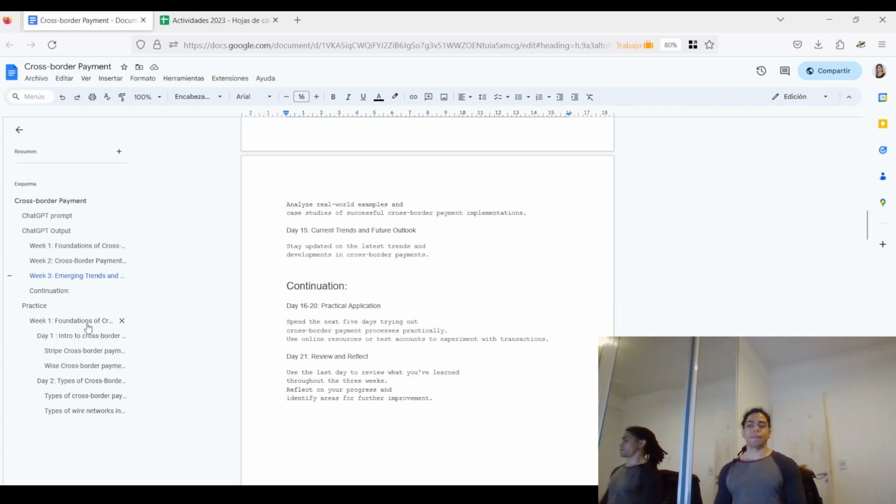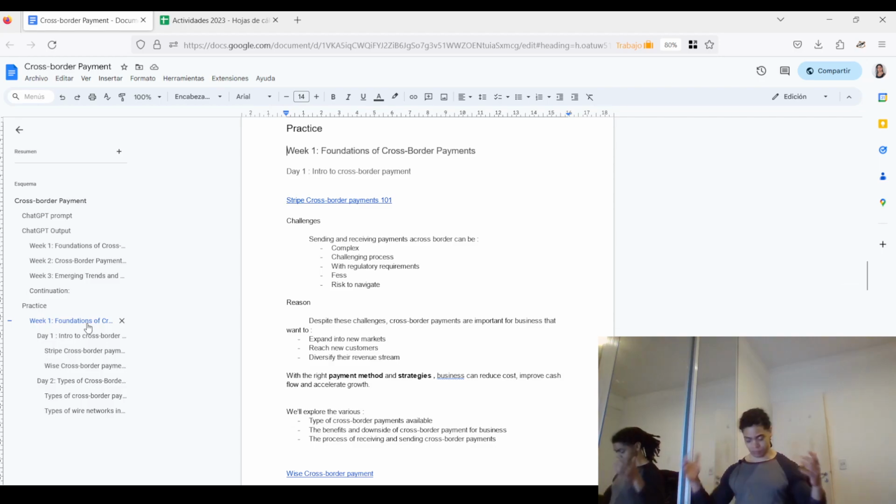So the TLDR of cross-border payment is the transfer of funds between borders, and each one of them represents challenges, such as regulations that you have to follow and risks to navigate. The process can be challenging as well as complex, and there might be some additional fees.